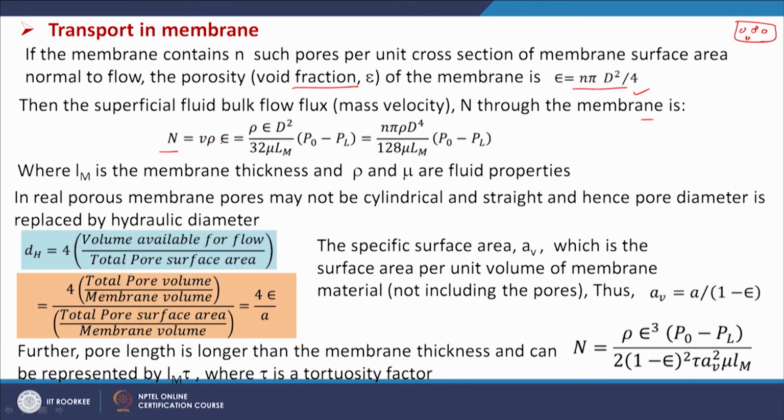We will replace the value of V now with the Hazen-Poiseuille expression.